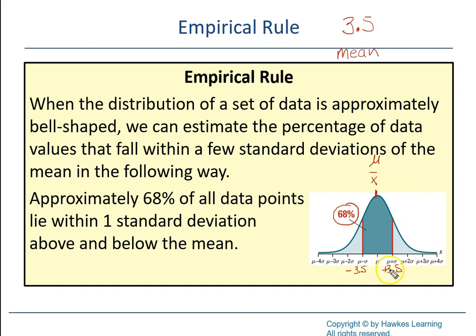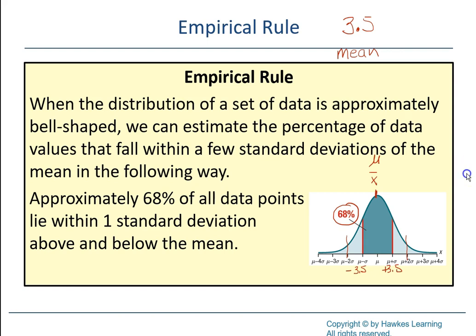Now, how about two standard deviations? Again, plus 2, which would be 7 this way, and negative 7 this way here. What percent of the population would you expect within two standard deviations?